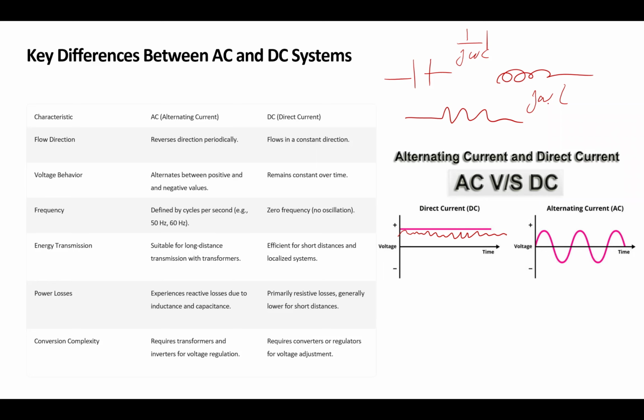Is there an extra charge for industries if they want the compensation of reactive power? Yes, there is a standard. If you have a huge load or an industrial load, the regulator mandates that you keep your reactive power under a certain limit.